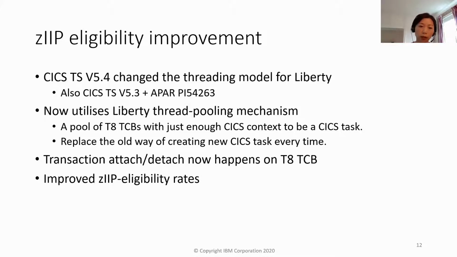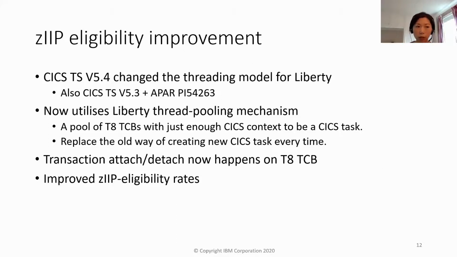What happens now is we have a pool of T8 TCBs that is ready to fire off once Liberty gets a request. That T8 TCB doesn't have a transaction ID, task ID, security context, or UOW context, but it is enough to run Java code.